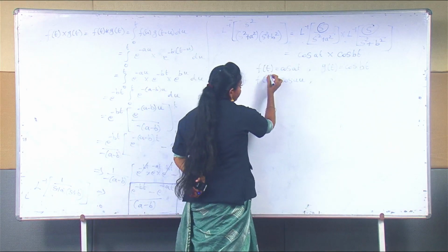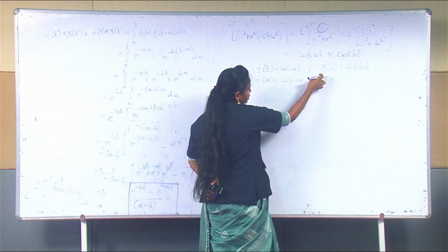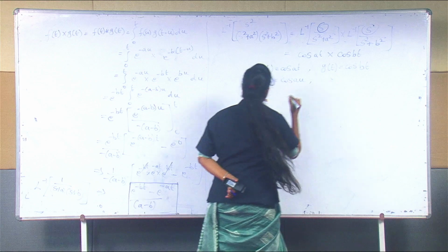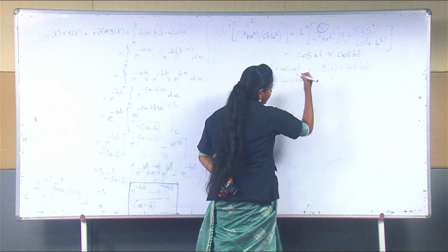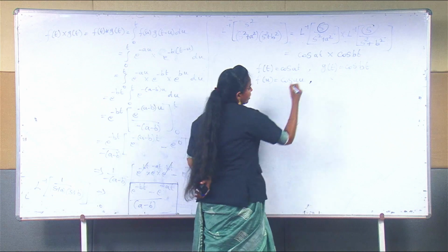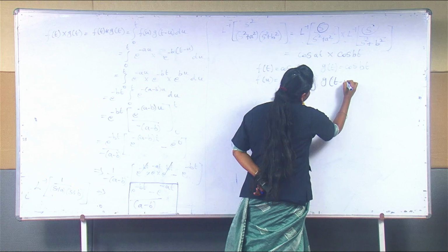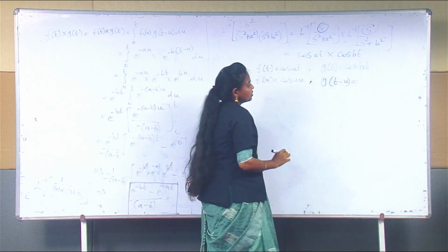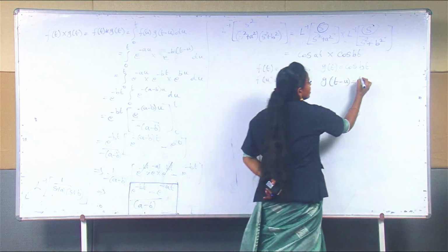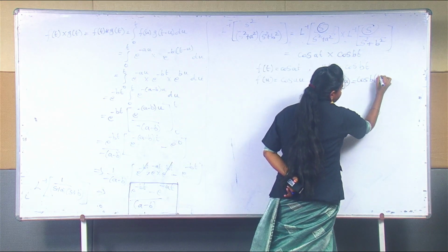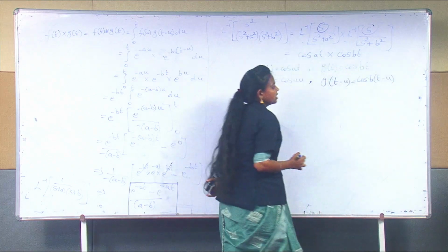I am taking f of t as cos at and g of t as cos bt. By solving the convolution theorem, we want to get g of t minus u. What is g of t minus u? Cos of b into t minus u.